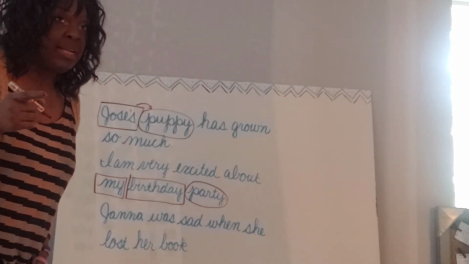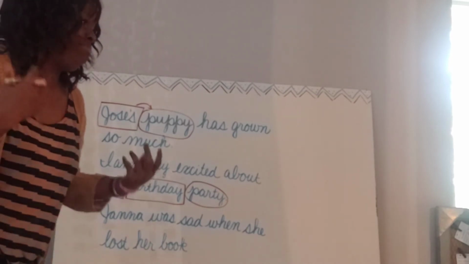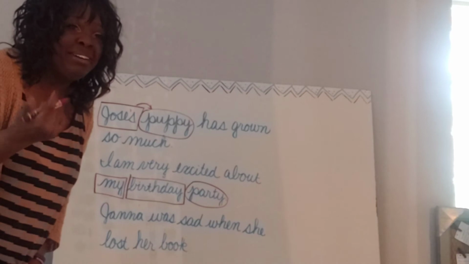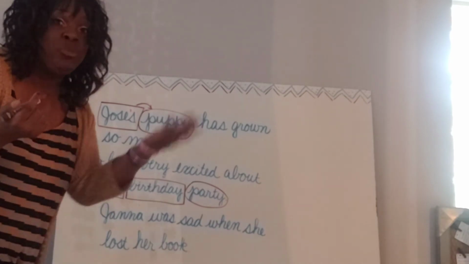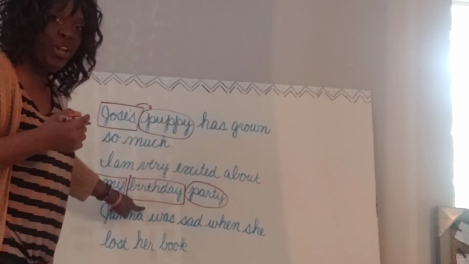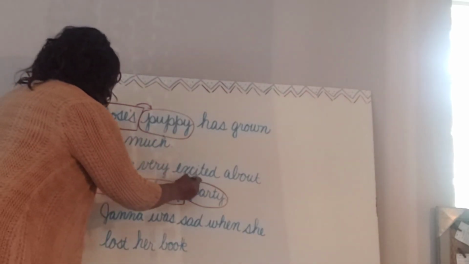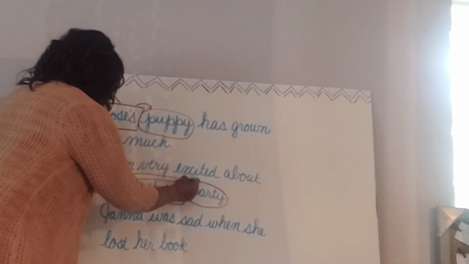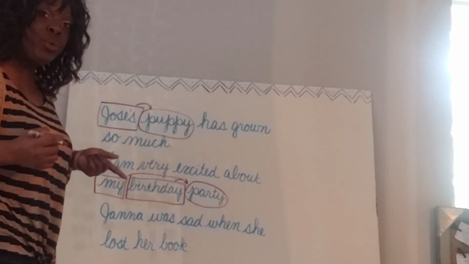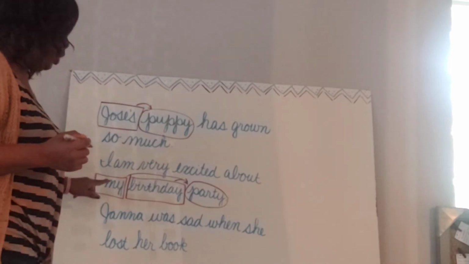Okay, it's not, I don't know, bridal party. It's not a beach party. It's not a pool party. It's a birthday party. So what kind of party? Very good. So both birthday and my are describing party because my is telling whose party, my party.